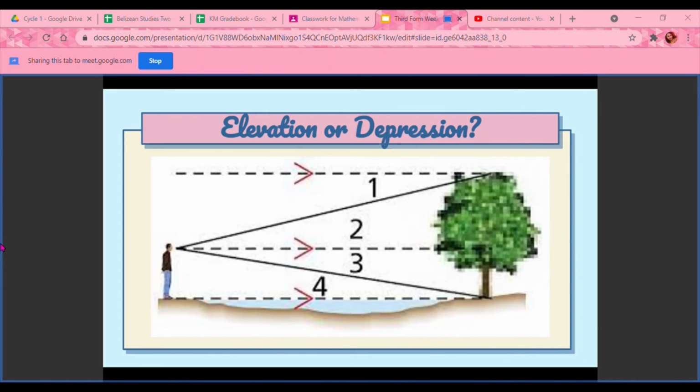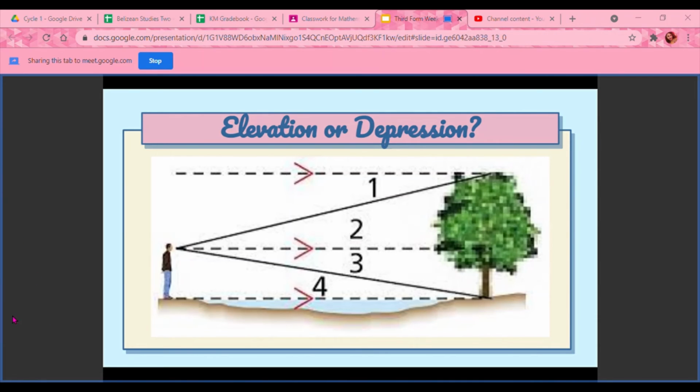If we go to the other picture and I say depression, you have to type the numbers that are showing an angle of depression. You're going to type your answers and wait until I say send your answers. Are the instructions clear to everybody, or do I need to repeat them? Clear? Good. Okay.